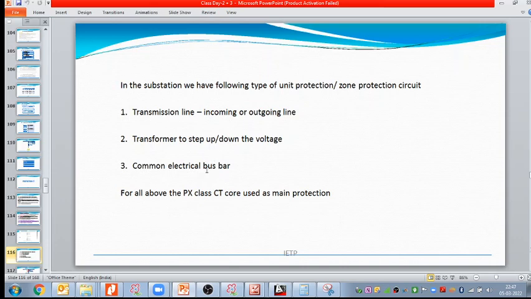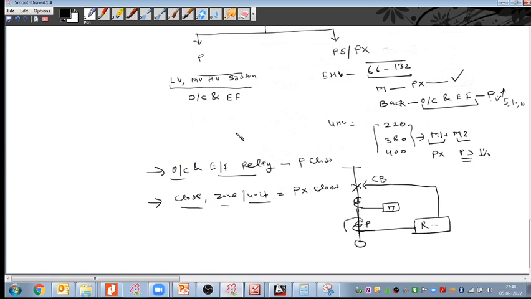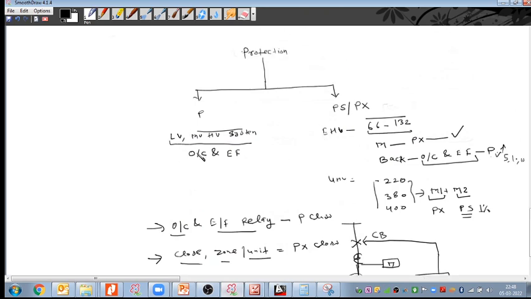So for the transmission line, the transformer, and the common electrical bus bar, we go for the PX class CT core. Basically the PX class CT core comes in the substation and the power system network, and the P class CT core comes for low voltage, medium voltage, and high voltage systems, generally up to 33 kV or 11 kV.